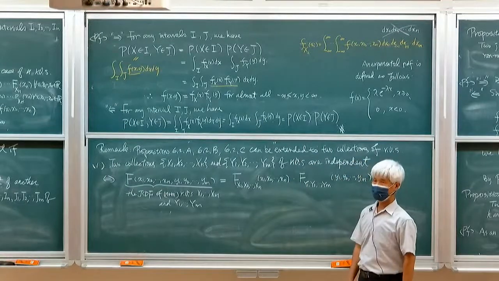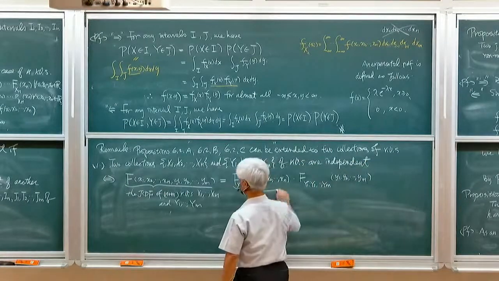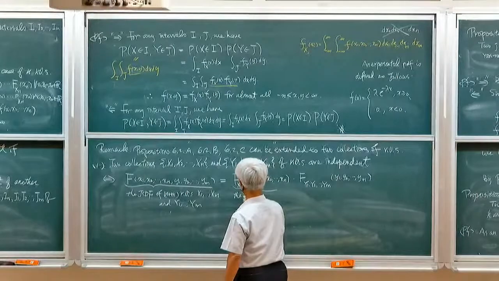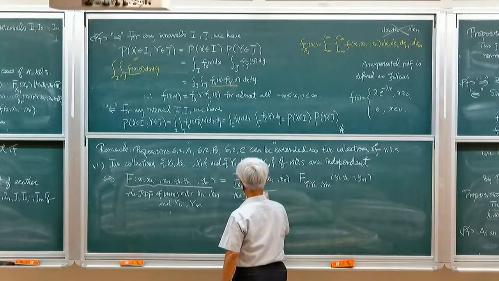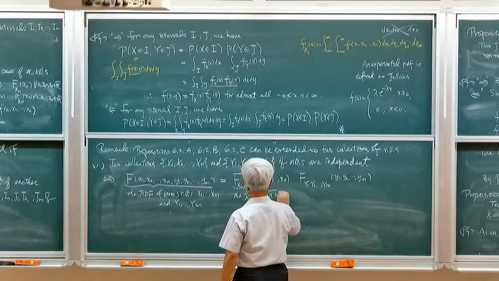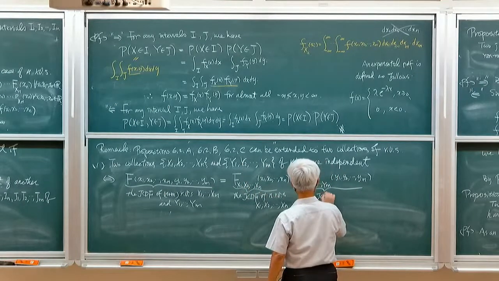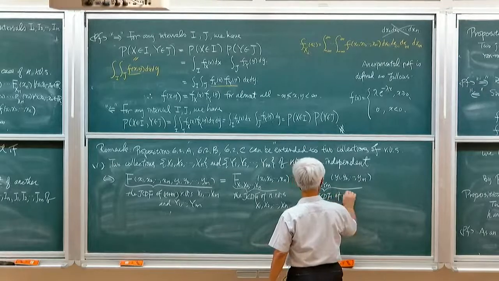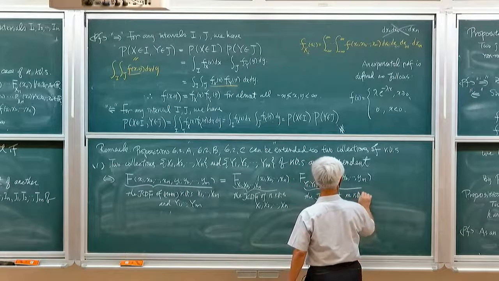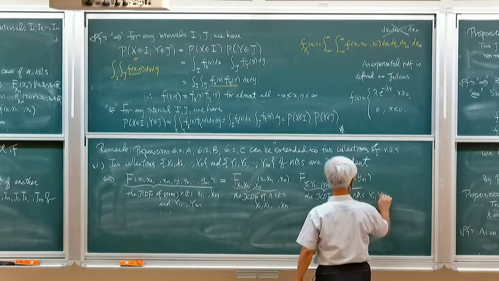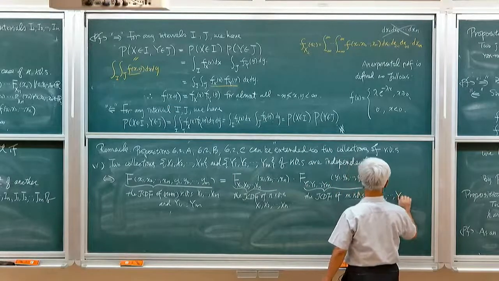Okay, so this is the joint CDF of n random variables x1, x2 up to xn, times the joint CDF of m random variables, y1, y2, up to ym.